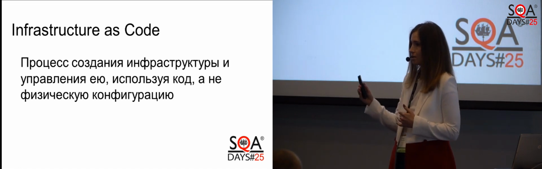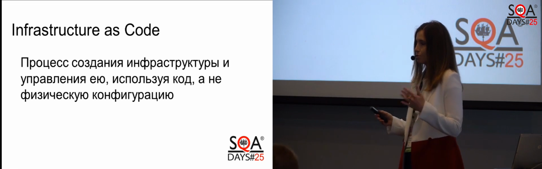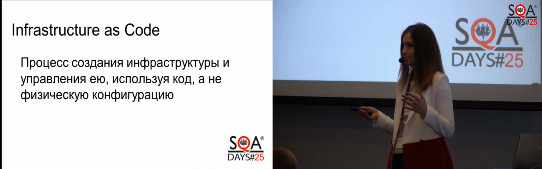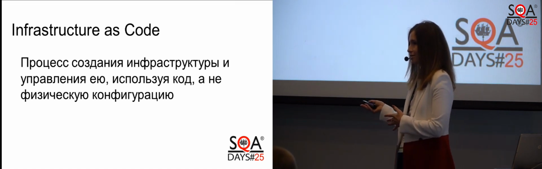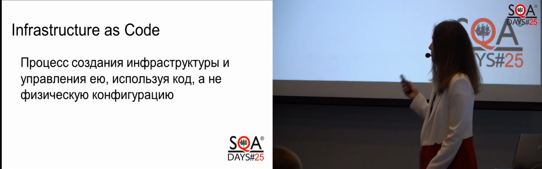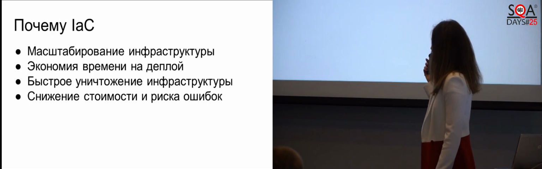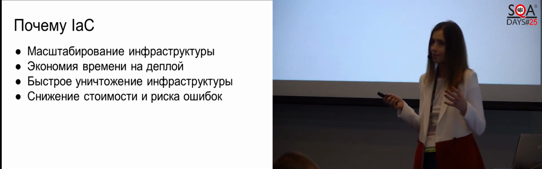So this implies that we create infrastructure and manage it with the support of the physical configuration, but not using the code. Somehow, with certain actions, the system is rolled out in the AWS, and the infrastructure is created there.